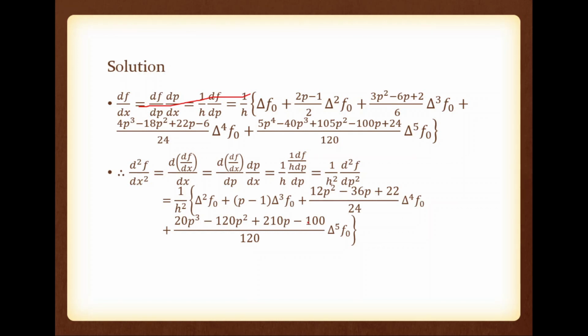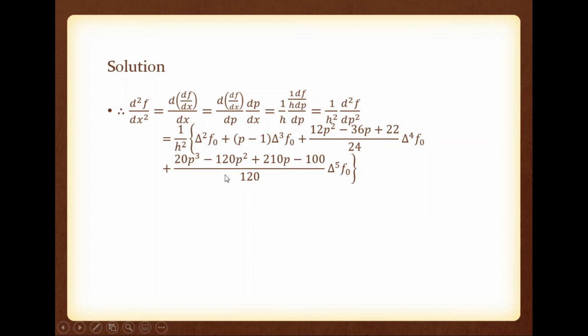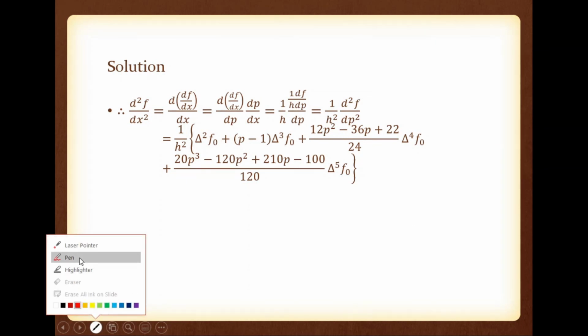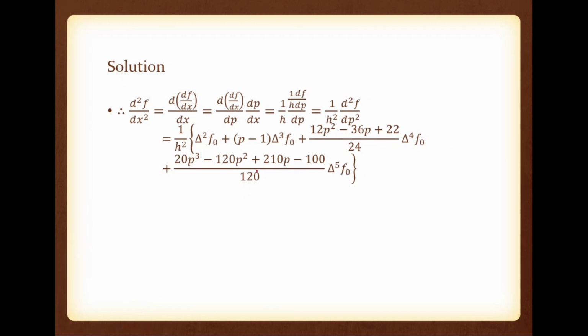This term will become minus 100 by 120, that is minus 10 by 12, or even we can solve that, minus 5 by 6 if you want, into delta raised to 5 f0. Is it okay? So this is the expression we derived. So as p equal to 0, we have d square f by dx square is equal to 1 by h square into delta square f0 minus delta cube f0 plus 11 by 12 into delta raised to 4 f0 minus 10 by 12 into delta raised to 5 f0 plus etc.